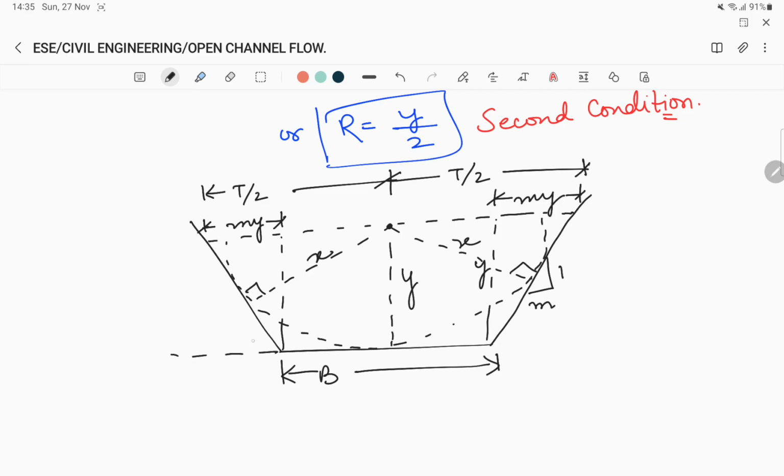If you take this angle as theta and this is r, this is C, this is A, D, this is O, this is y. Then we can see what we are going to get.